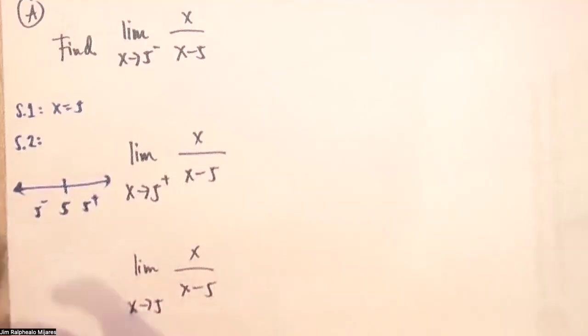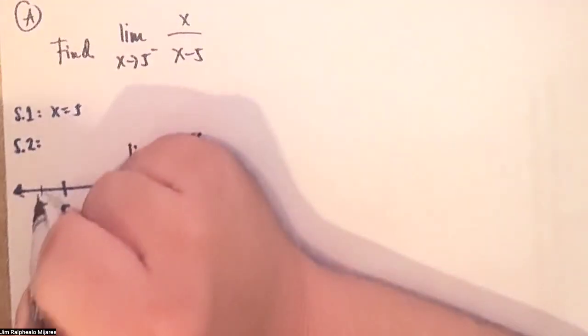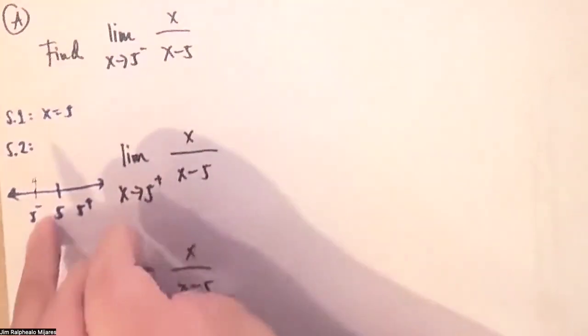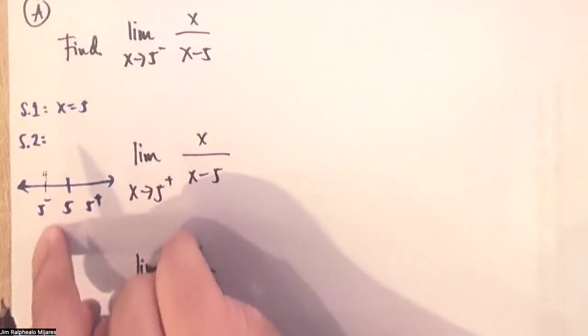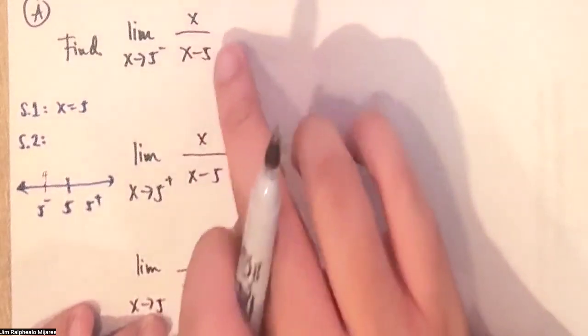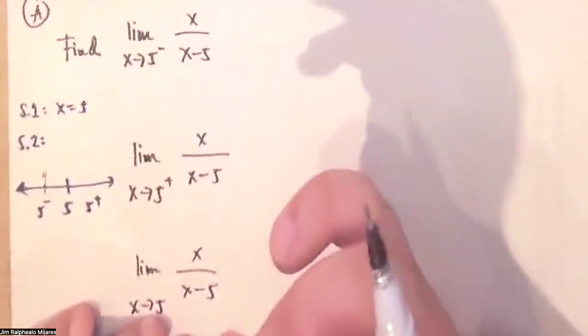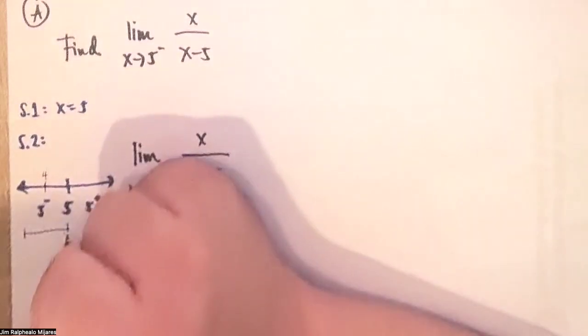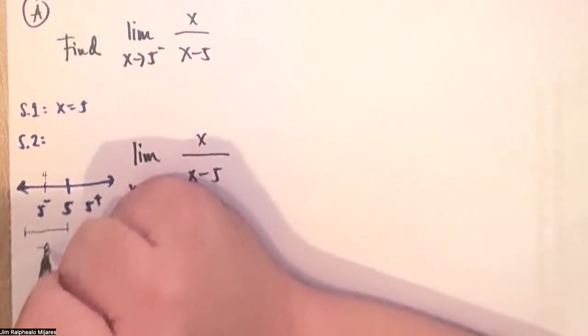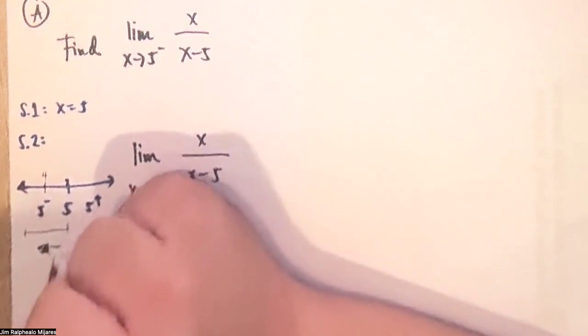Step 3 is we substitute some values. So for example, we substitute, let's say 4 on the left. If we substitute 4 into this function right here, what do we get? 4 over negative 1. So we get a negative number. So at this side, the sign here is negative.